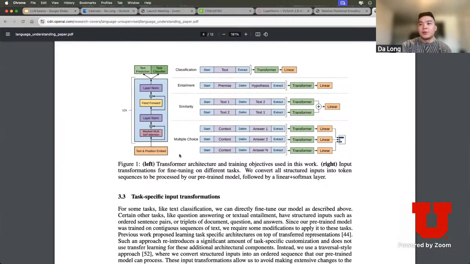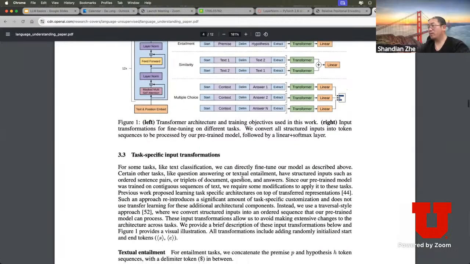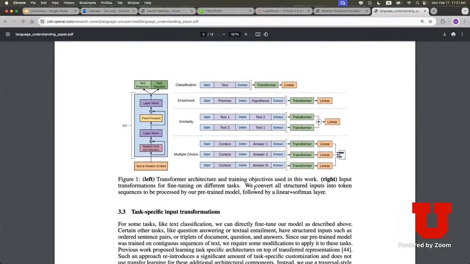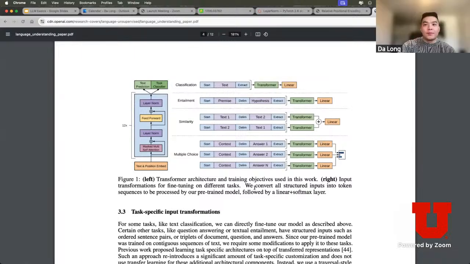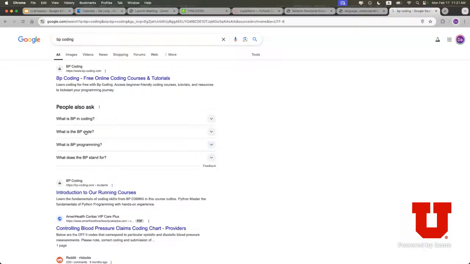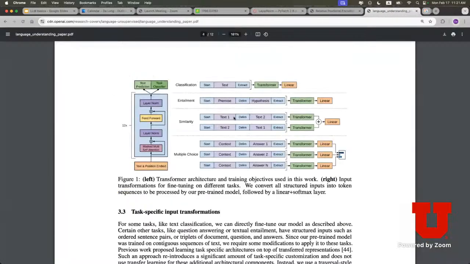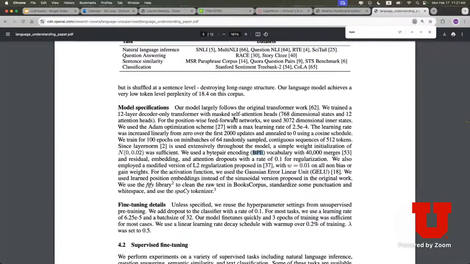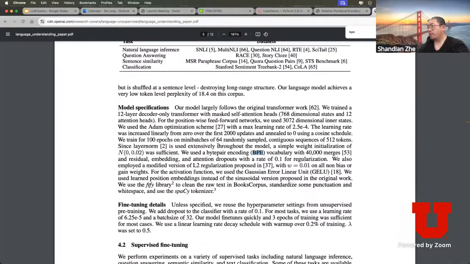So maybe they don't need to load pre-trained tokens for other models. Oh, really? I think they use BPE encoding. I think in that paper they say it's BPE, byte pair encoding. Yeah.